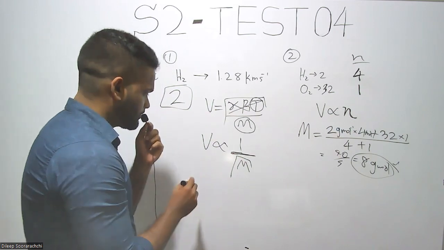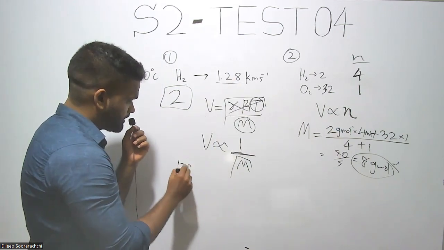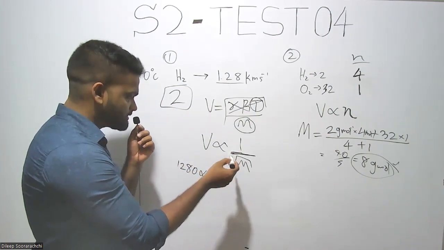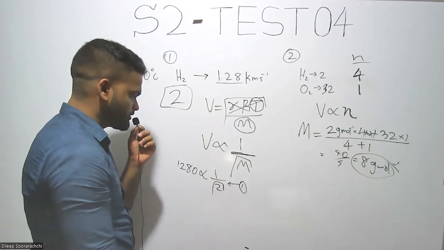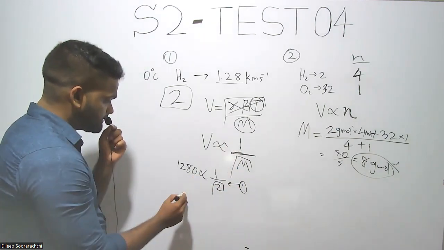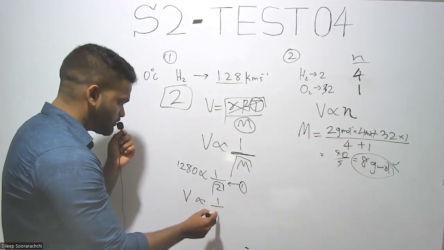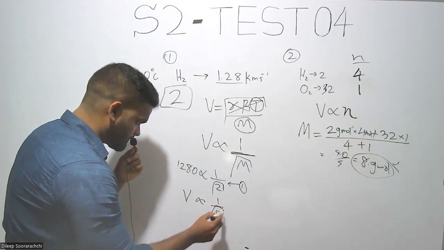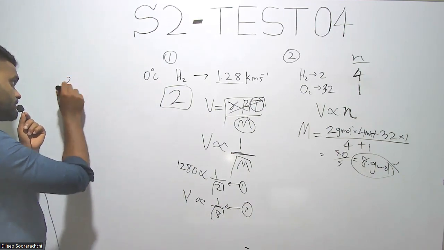For the first proportionality, I'll say 1280 is proportional to 1 over root 2, it is just hydrogen for the first case. This is the first proportionality. Then the other proportionality, that is V, is proportional to 1 over root 8. Second one. Then I'll divide second one by first one.